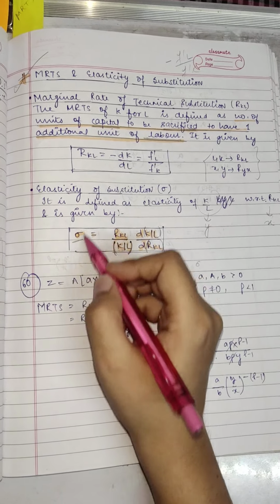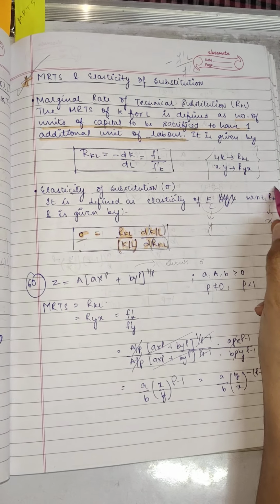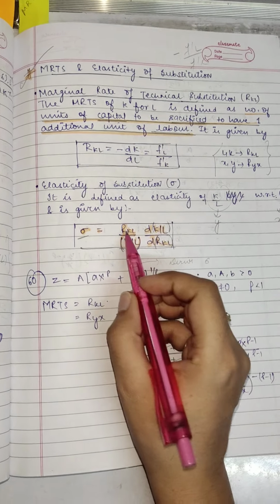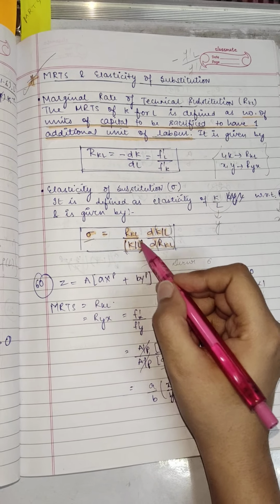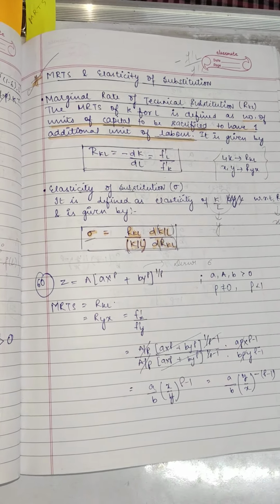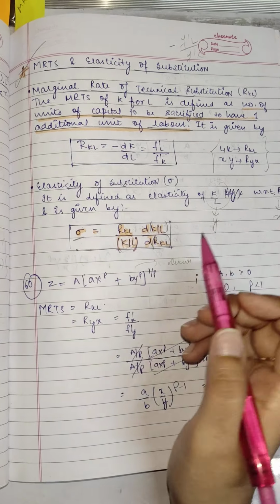Sigma is a term used to denote elasticity of substitution. What is your X here? R_KL. What is your Y here? K/L. So that will be R_KL upon K/L into the derivative of K/L with respect to R_KL. Okay. So dY upon dX is d(K/L) upon dR_KL.